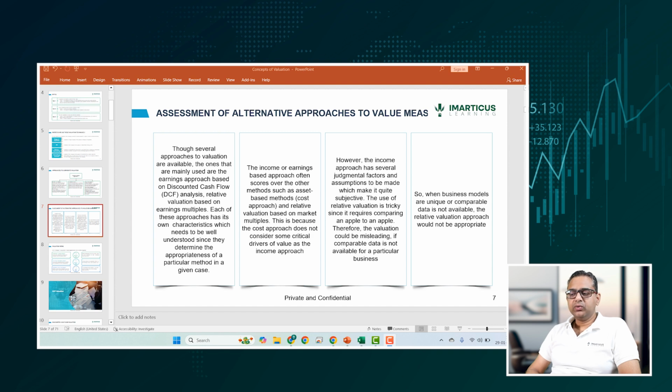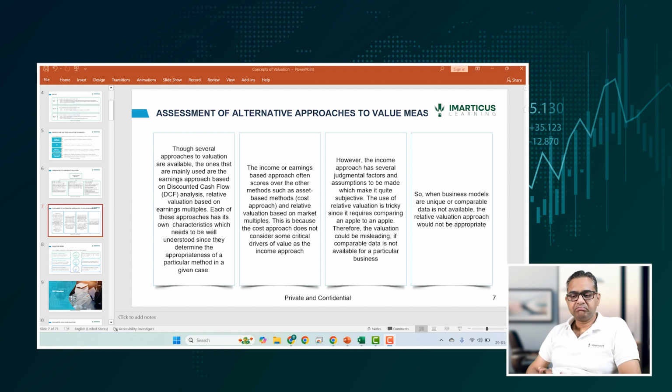With respect to trading multiples, relative valuation, here we need apple to apple comparison, right? So when I'm saying that I need to compare TCS with HCL Technology, Wipro, Infosys, we need to find very similar companies. Now that may not be possible always.